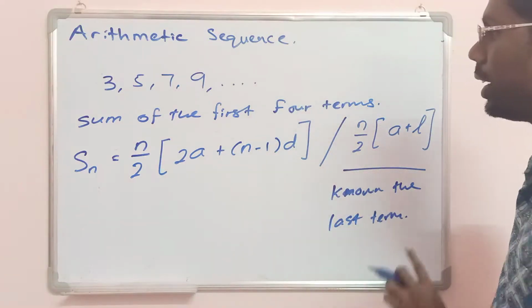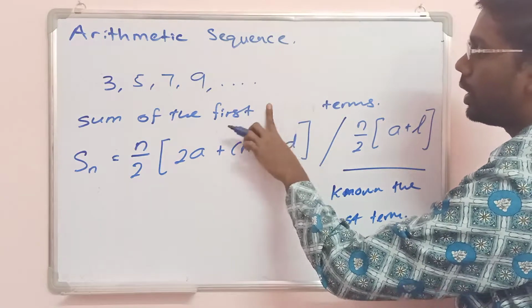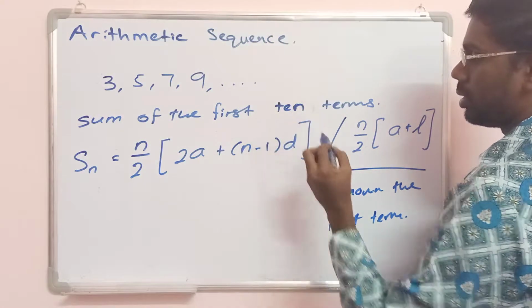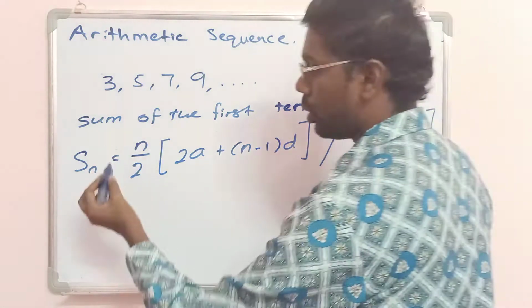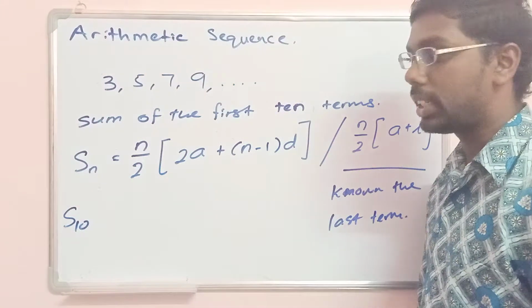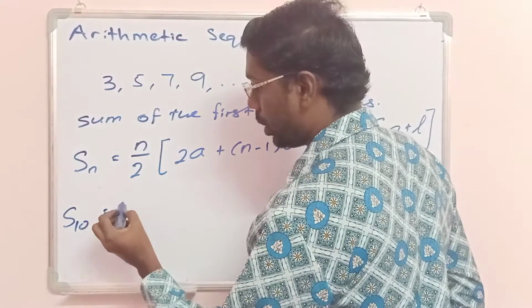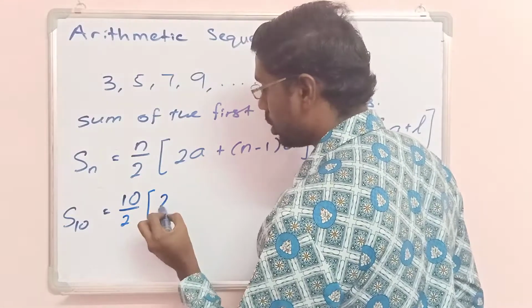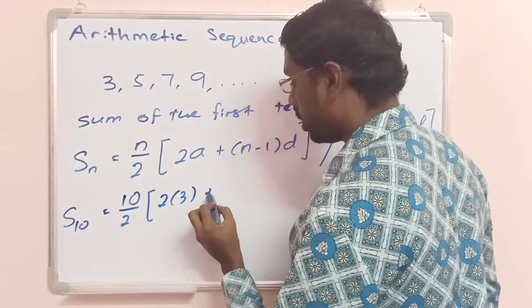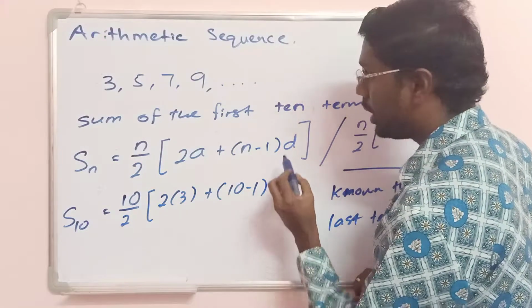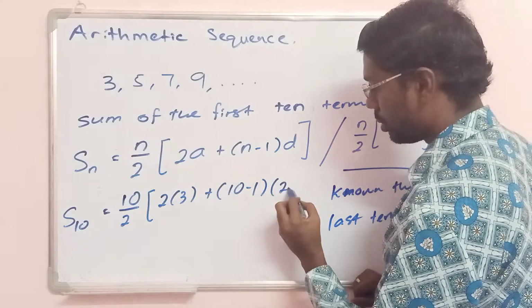For example, here I want to find the first 10 terms. So the number of terms is 10. S10 equals 10 over 2 times (2a plus (n minus 1)d), where d is 2.